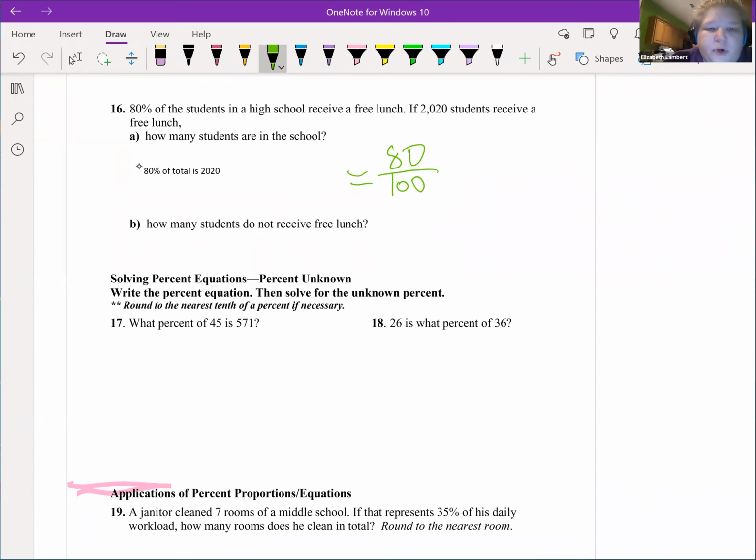Sorry, put it in the wrong spot. So I'll do the is over of. All right. So now we're actually going to end up with 2020 times 100 divided by 80.